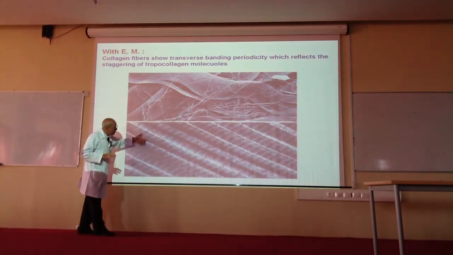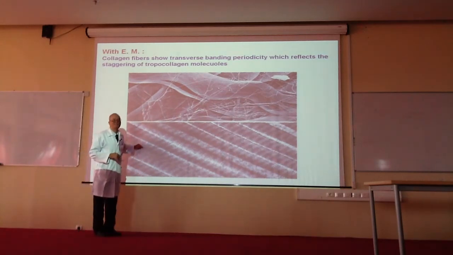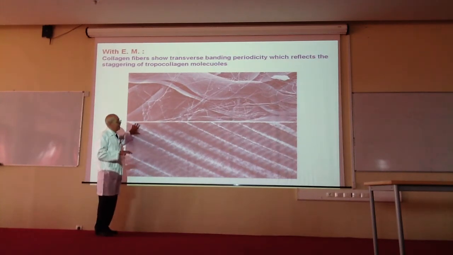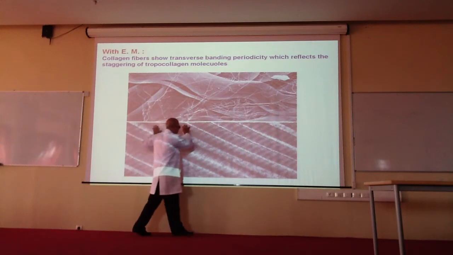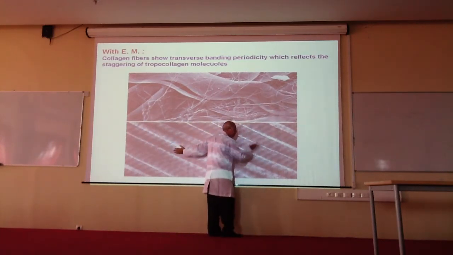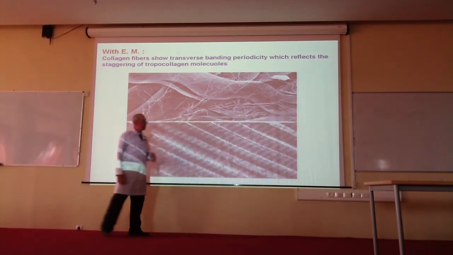Now, what are these? Fibrils, which you see dark, light, dark, light, dark, light. In electron microscope, we call it axial periodicity. Period and period. Darker, light, darker, light.